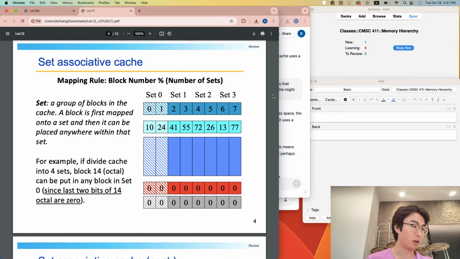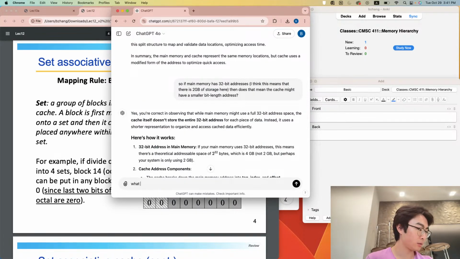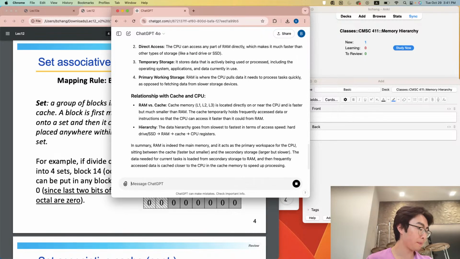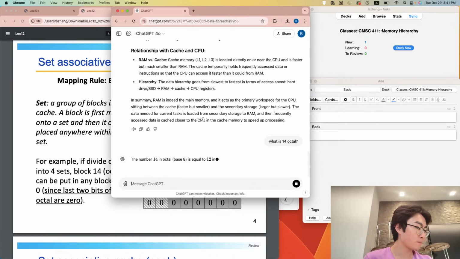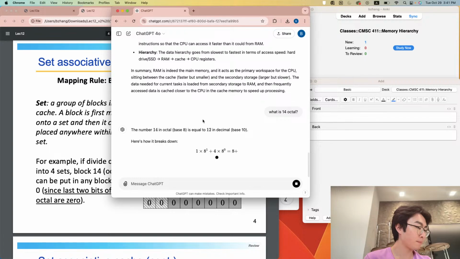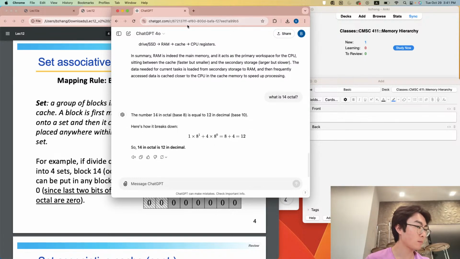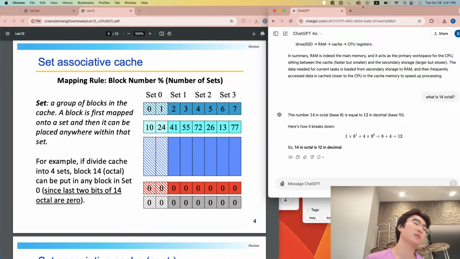What is 14 octal? Okay, so this is 12 in decimal converted to hex.